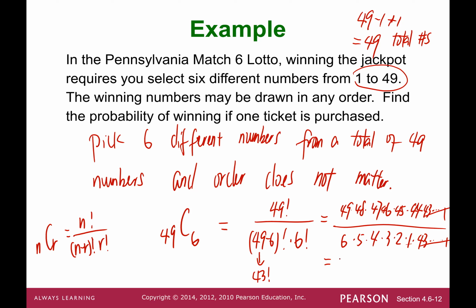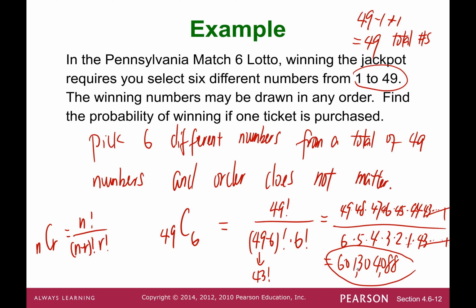It's 13,983,816. So basically you have that many possible choices available here. And we know that only one ticket is the winning number. So the probability of winning is 1 over that number. And if you look at the probability of that, it's extremely low.